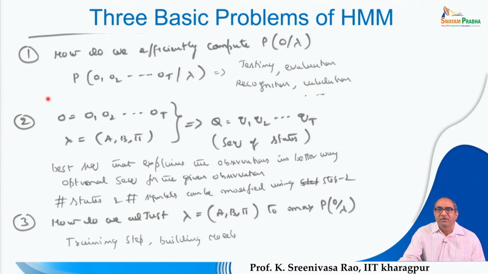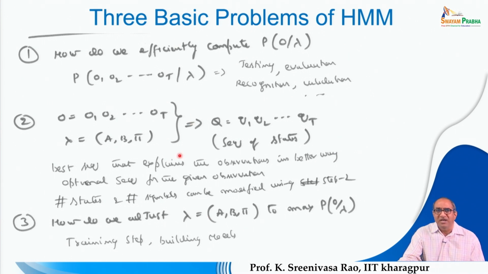From the unknown word we extract the feature vectors, and for that sequence of feature vectors we need to estimate the probability of the sequence extracted from the unknown test word, from the known model of word 1. Likewise, what is the probability from word 2, what is the probability from word 10?